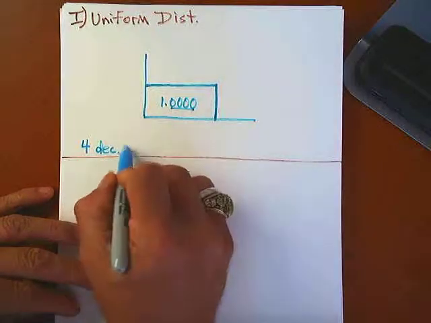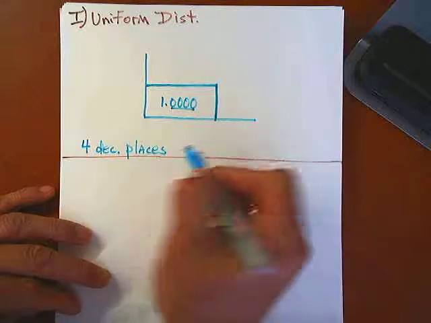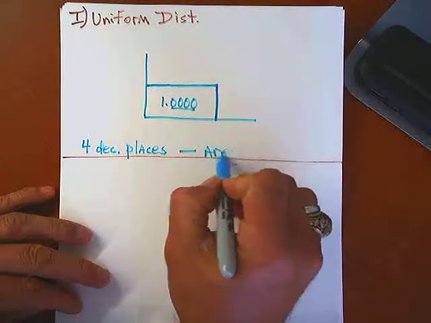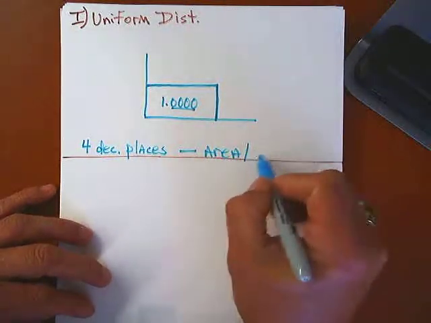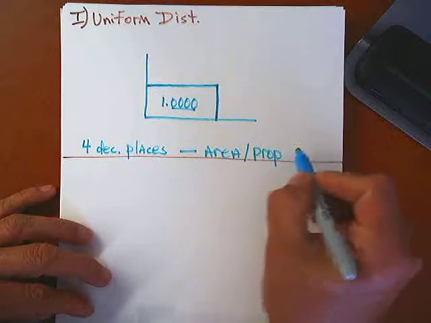decimal places, you're talking about area. Area in Chapter 6 is the same as probability.